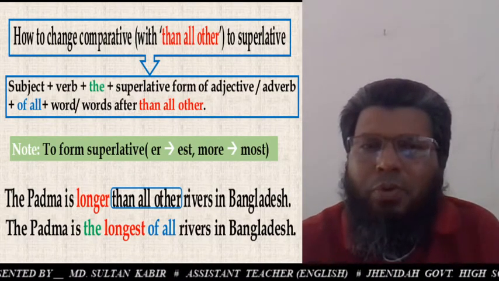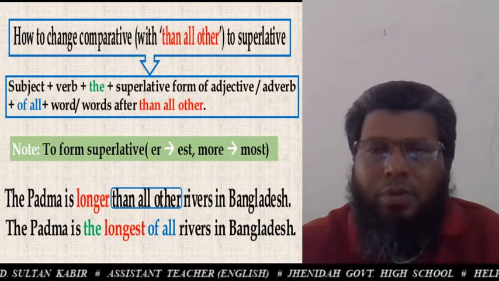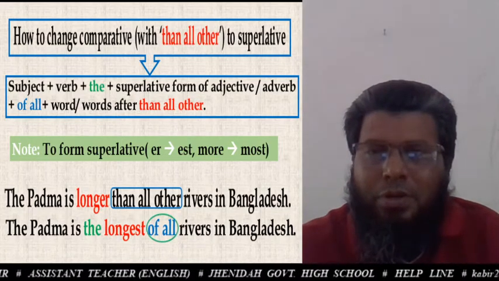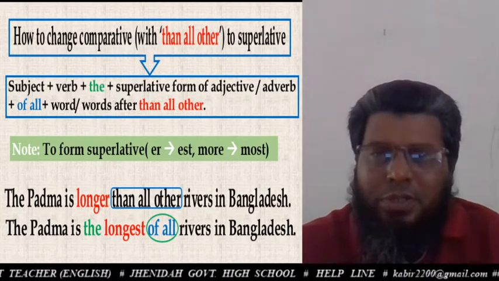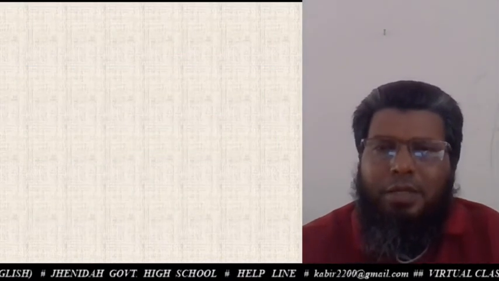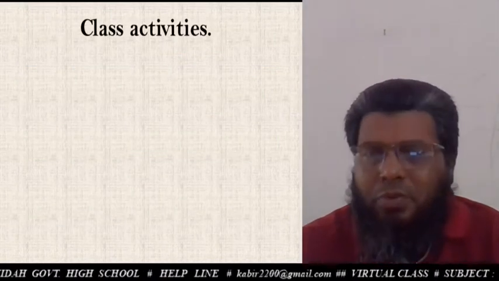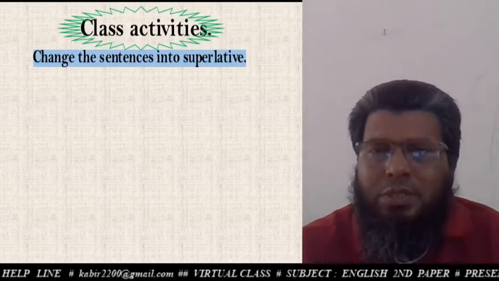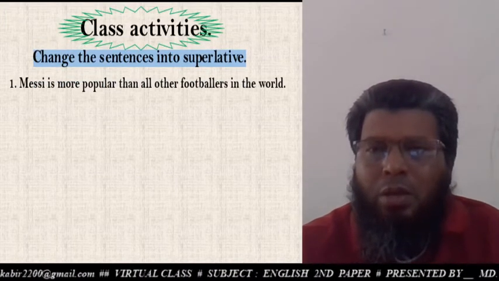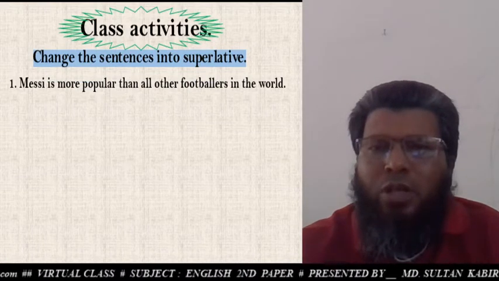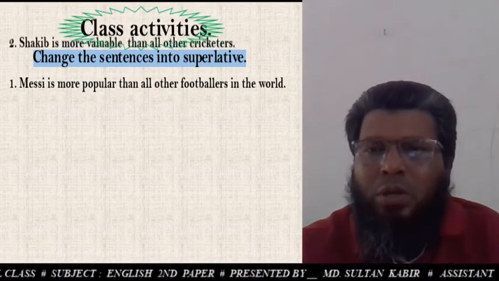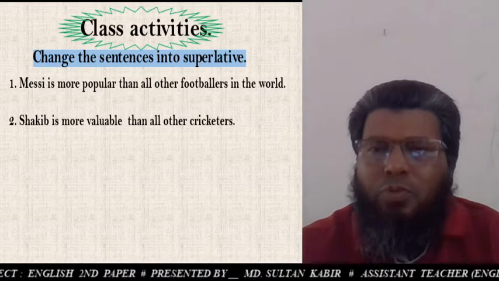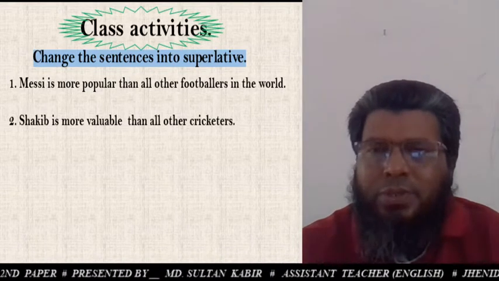Have you understood the point? Okay, fine. Now, dear learners, there is another class activity for you. Okay, now look at the sentences and change all the sentences to superlative. The first one, Messi is more popular than all other footballers in the world, and then Sakib is more valuable than all other cricketers.